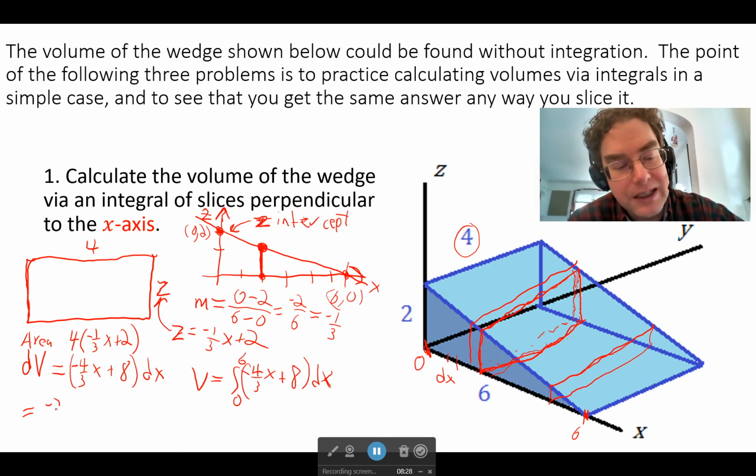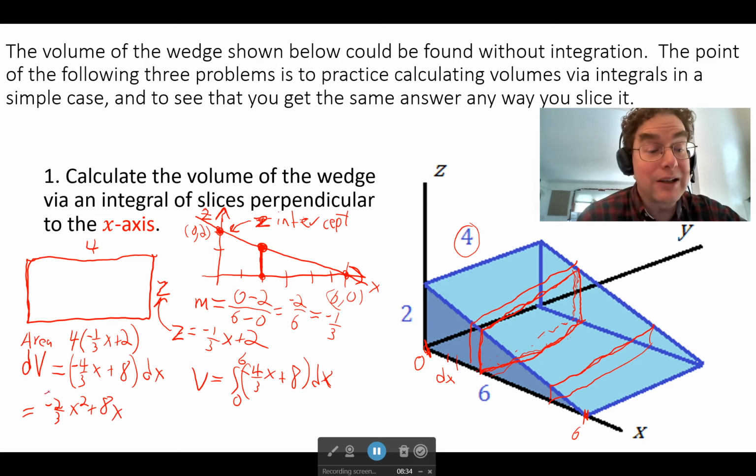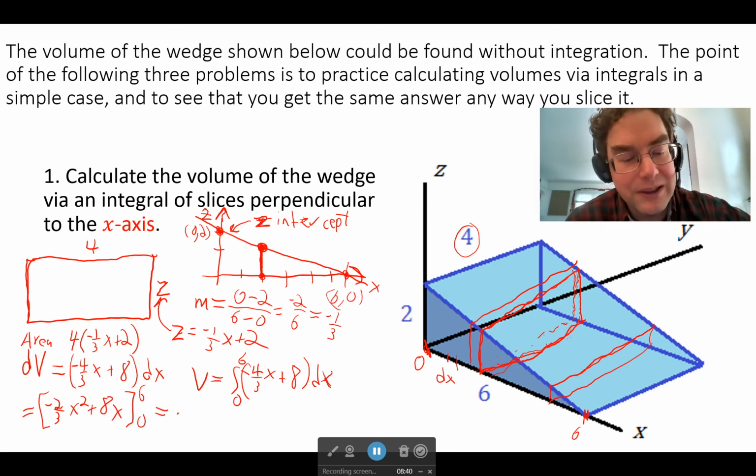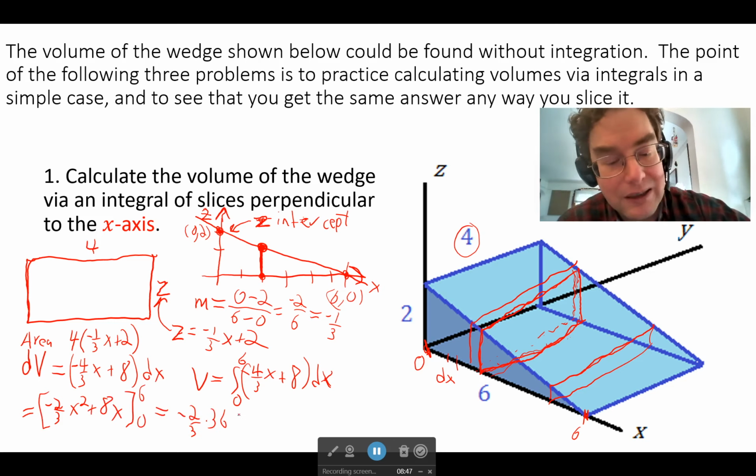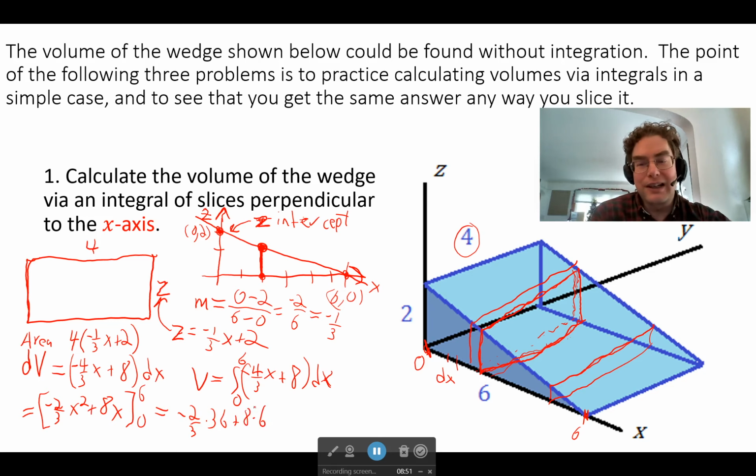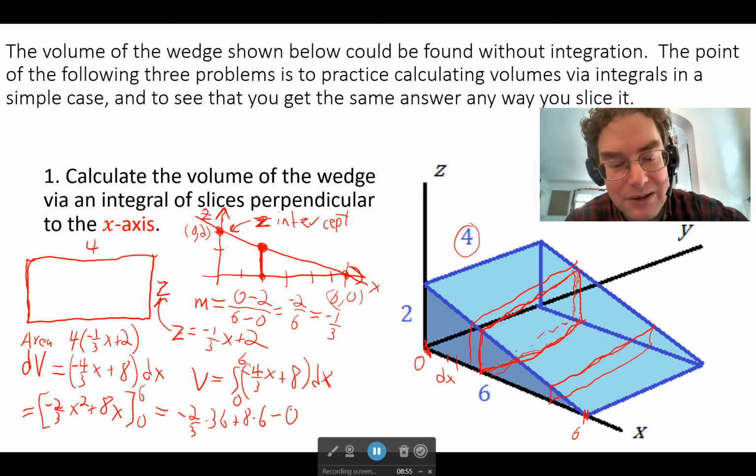So when we anti-differentiate here, we're going to have negative 2/3 x squared plus 8x. And then we want to evaluate this at 0 and 6. Putting 6 in there, we'll get 36 times negative 2/3, plus 8 times 6. Evaluating at 0, as it tends to do a number of times, is going to give us 0, so we subtract 0.